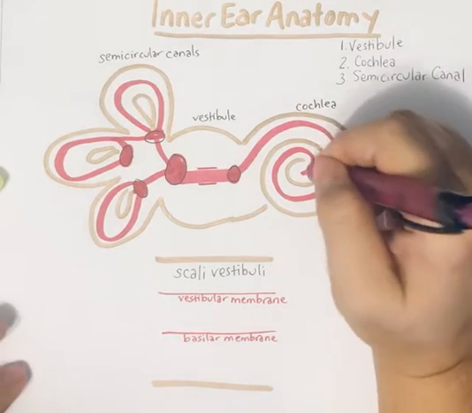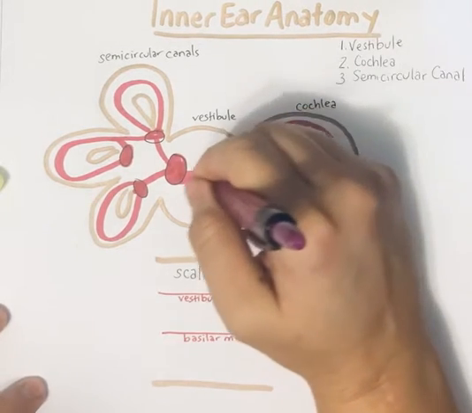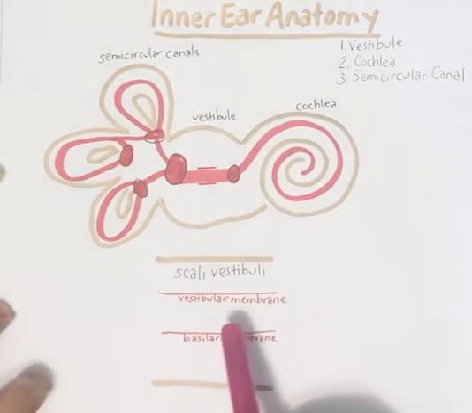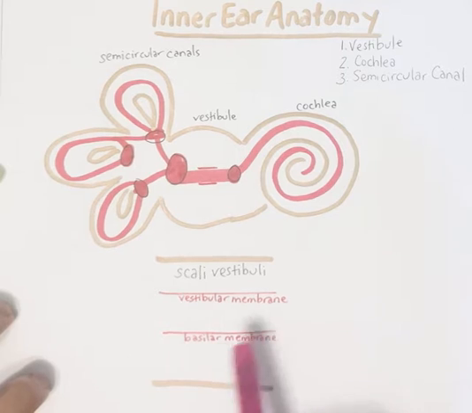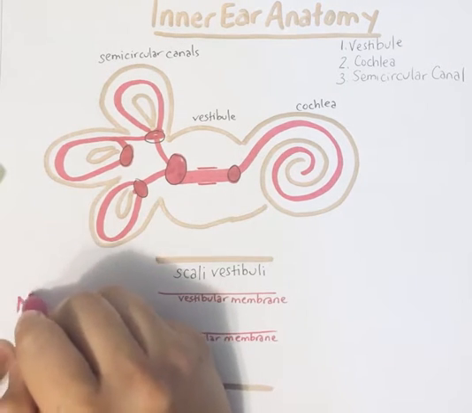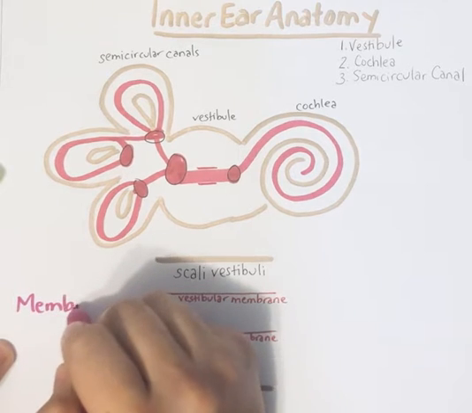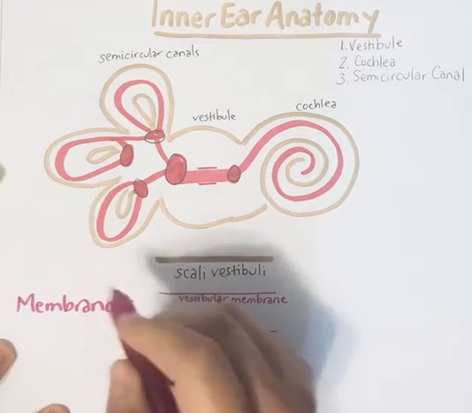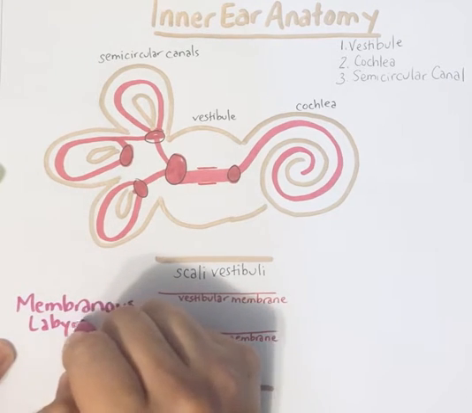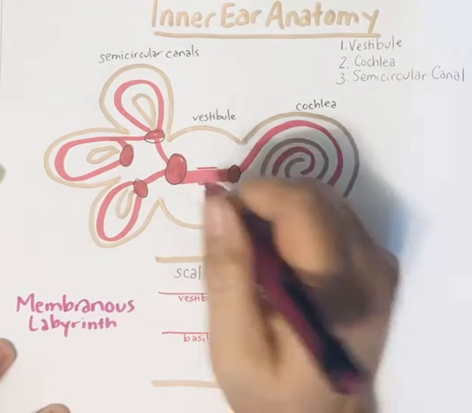Now, labyrinth means maze. So we have this inner chamber, the middle chamber, which is made by the vestibular membrane and the basilar membrane, and we literally call this the membranous labyrinth. Labyrinth again means maze. It's the middle layer.